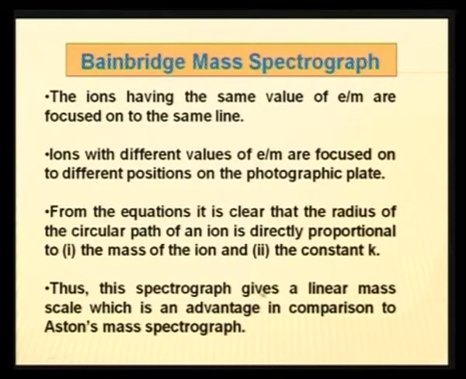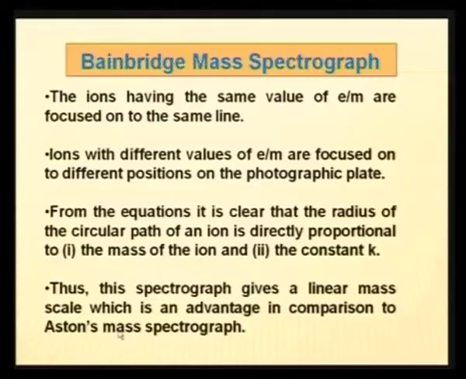Thus, this spectrograph gives a linear mass scale because the mass comes in the numerator and R is directly proportional to it. Both are proportional to each other, which is an advantage in comparison to Aston's mass spectrograph.